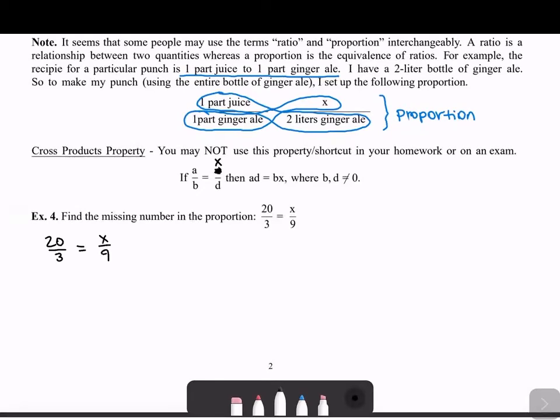So one way we can do this is to clear denominators, where we multiply both sides by a common denominator and then solve the equation that we get then. So I'm going to do that because 9 is a multiple of 3, we know that one of the common denominators here is 9. So I'm going to multiply by 9 on both sides.